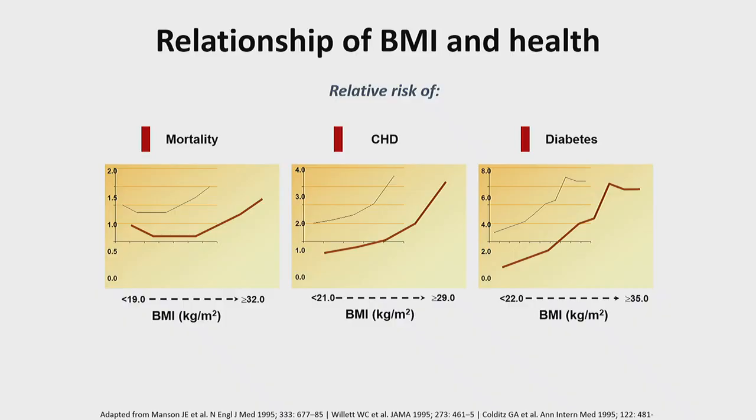So although it is overall well accepted that obesity is a health hazard and a risk factor for cardiovascular disease and type 2 diabetes, there is some heterogeneity among equally obese individuals. Some obese patients have no cardiovascular disease risk factors, whereas some people with type 2 diabetes have clinical signs of coronary heart disease and are characterized by insulin resistance and dyslipidemia and a number of other risk factors.